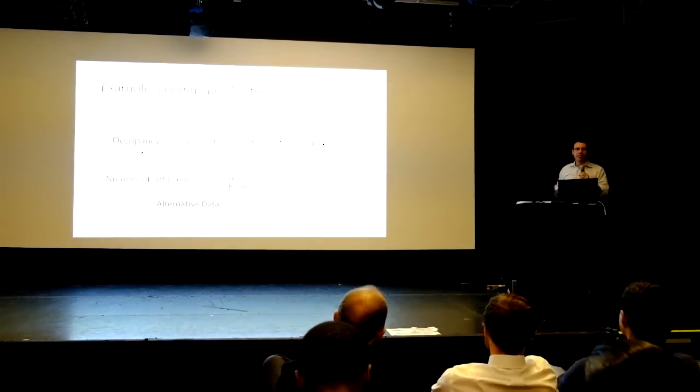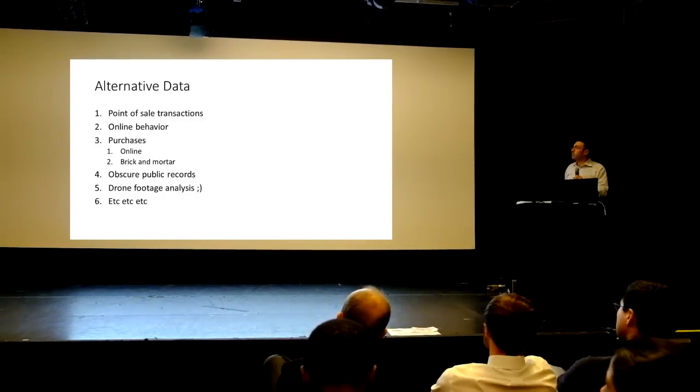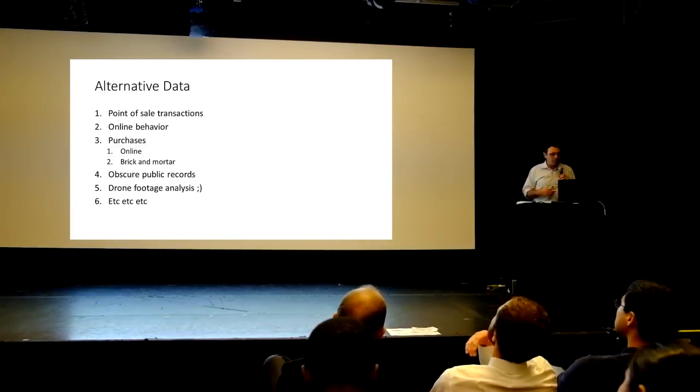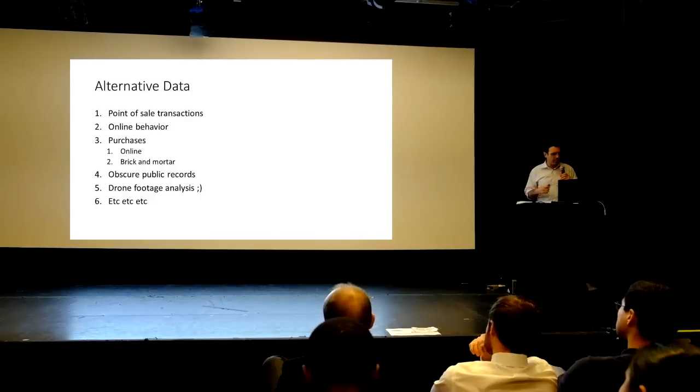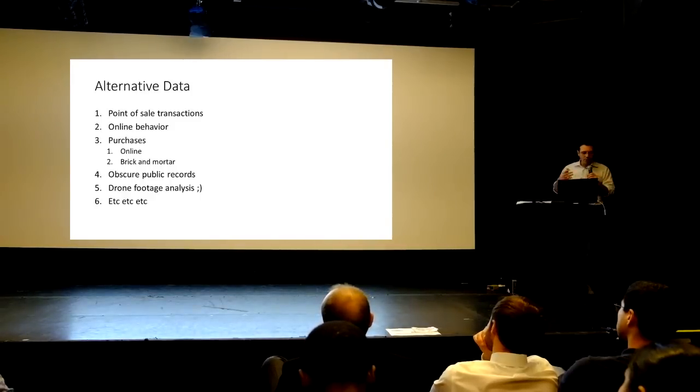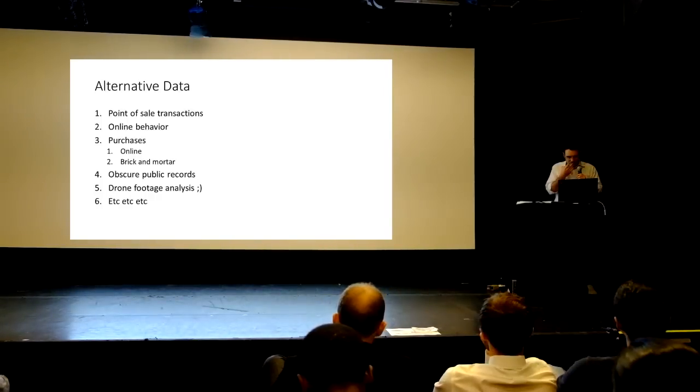Okay, so let's take a look at some more alternative data sets. It's data that comes from the broader world around us. Things like point-of-sale transactions, online behavior, like from the browser example that we've talked about, purchases online and offline, and obscure public records from city halls across the nation. I have worked with satellite imagery footage, counting the number of cars in parking lots, like your suggestion over there.